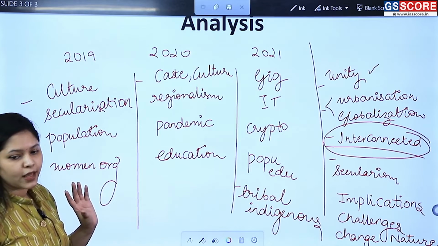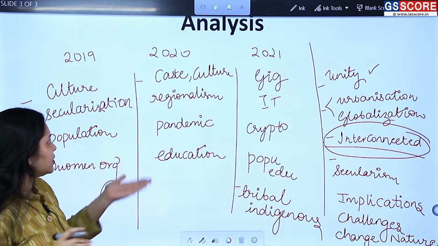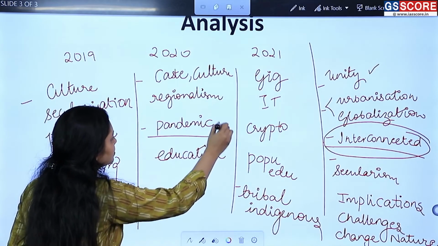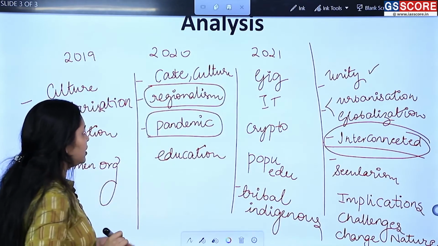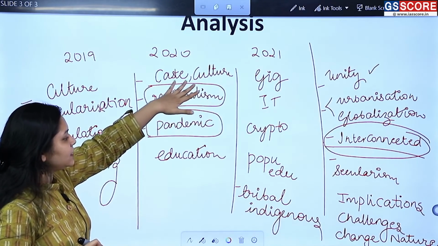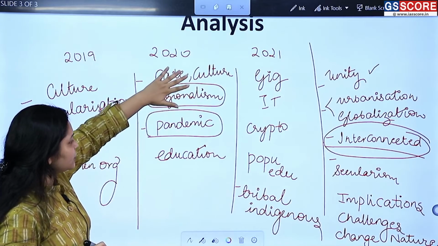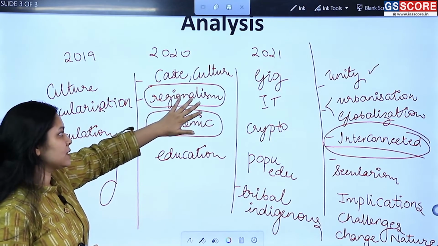And then we can look at how the pandemic was also an impact of regionalism on the society. Earlier questions were not asked, but this is again a dynamic question of regionalism, and the pandemic is a direct current affairs based question.